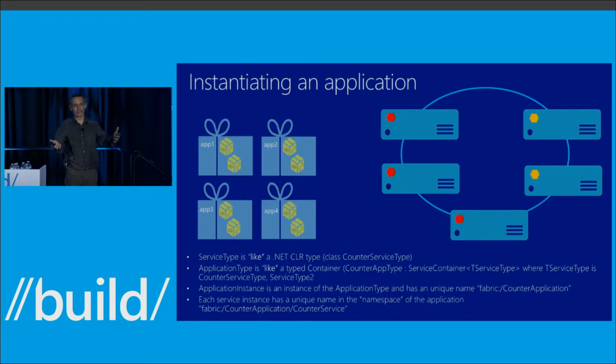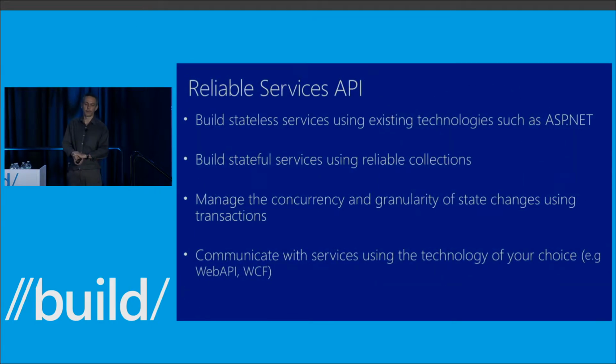We create instances of those that are associated with that particular application package instance. So as a result, in the same way you think about types inside CLR, I can create hundreds of instances of a particular application type. They all have a particular versioning. I can upgrade and downgrade any particular one of those, and you have the set of instances associated with that type. So this is how we think about defining a microservice, packaging it, deploying it, and then creating instances of it all.